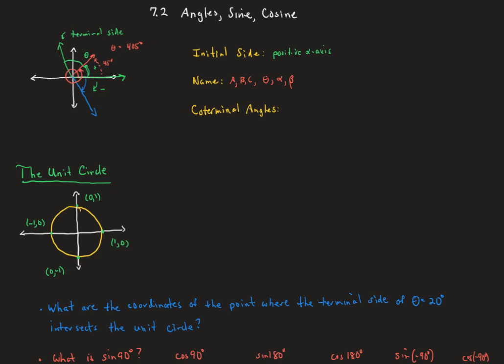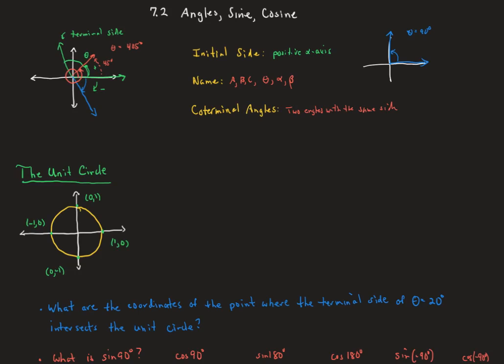Now, coterminal angles are going to be two angles that have the same terminal side. So, for example, if we had an angle, we'll make it easy, here's a 90-degree angle. Initial side, terminal side. So going here, we say theta is 90 degrees.